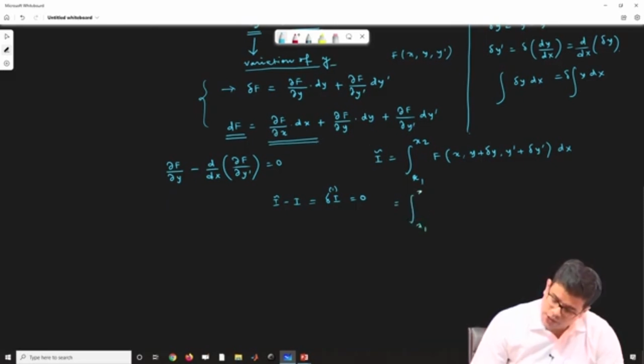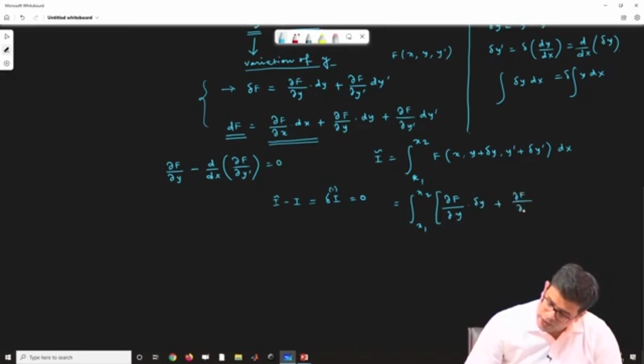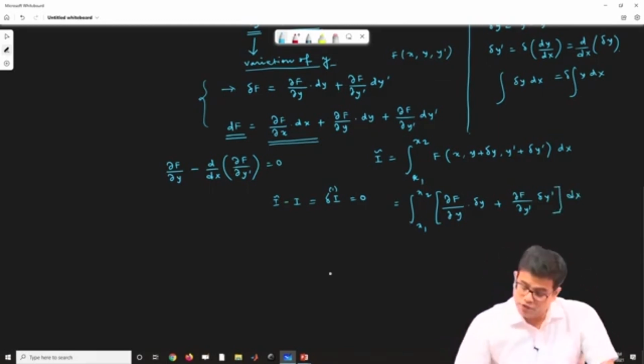so x1 to x2, essentially I have to take the derivative. So essentially ∂f/∂y into delta y plus ∂f/∂y prime into delta y prime. So now we are not using any tilde here. Look, we are just using variations of y.